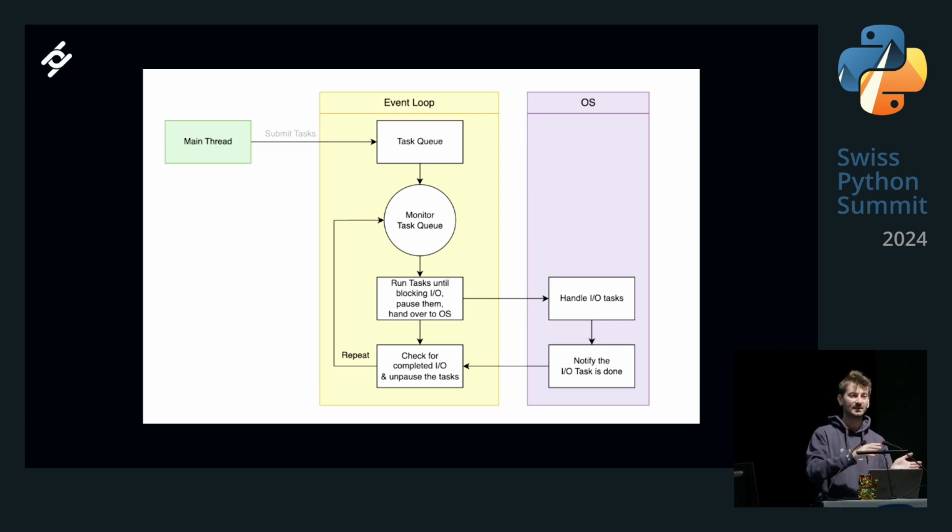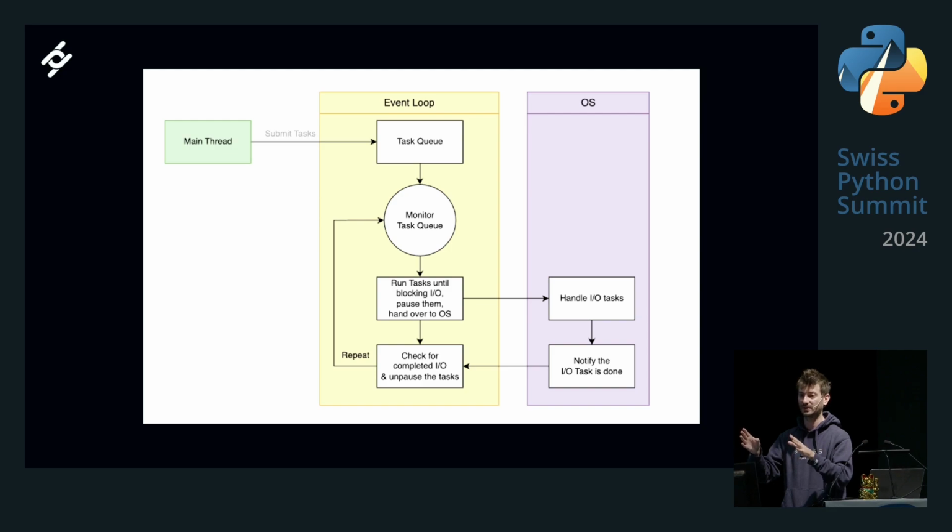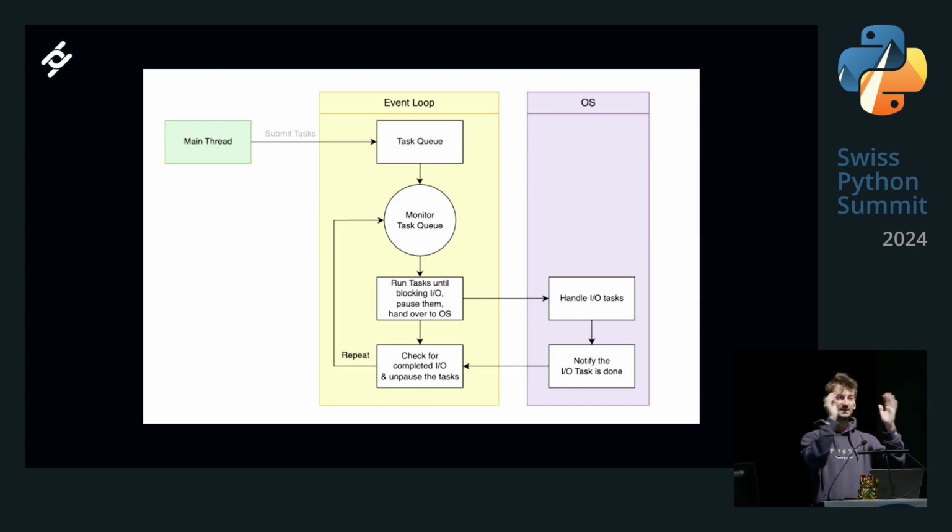So every task is linked to an operating system port, and when data become available to that port, the operating system signals that there is that task ready to resume execution. So ultimately, the kitchen is the operating system. It's the operating system that manages the resume of tasks.